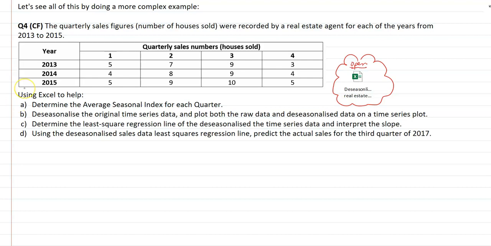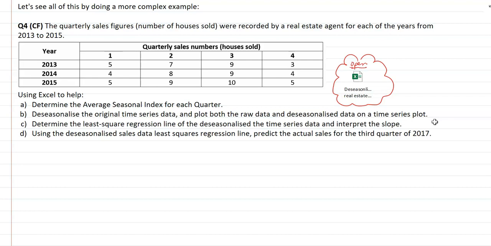Using Excel, we're going to determine the average seasonal index for each quarter, deseasonalize our time series data and plot it. From there, determine a least squares regression line to come up with a model, and we have to interpret what the slope means.